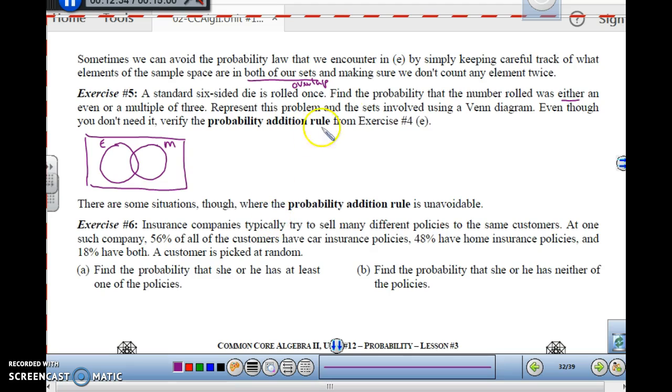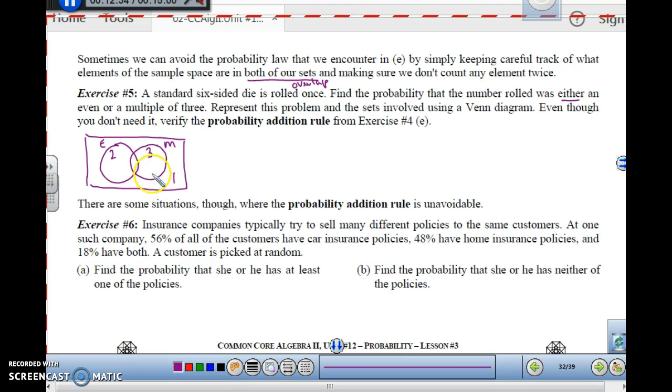All right, your set is going to be the numbers 1 through 6. So 1, is that an even or a multiple of 3? Neither one, so 1 would go out here. 2 is even. Is it a multiple of 3? No, so 2 would go in here. All right, 3 is not even, but is 3 a multiple of 3? Yes.